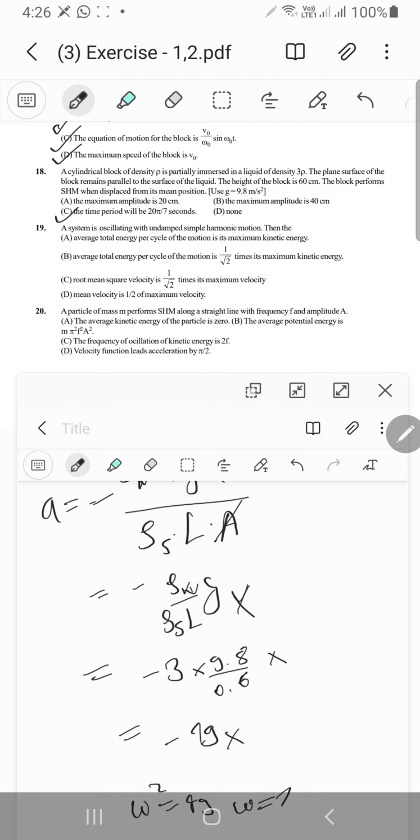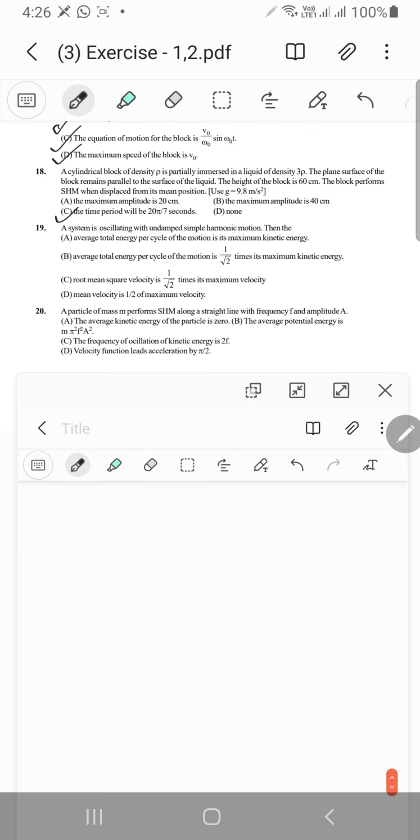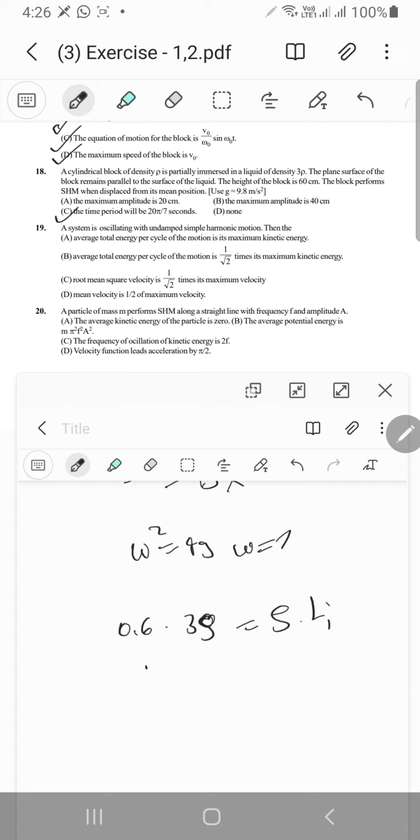Oh, so maximum amplitude, well, okay. First of all, we need to find where the equilibrium position is. So the length of the solid, which is 60 centimeters, 0.6, times the density of the solid, which is 3 rho, equals the density of the liquid, which is rho, times the length immersed. So the length immersed is just 1.8 meters.